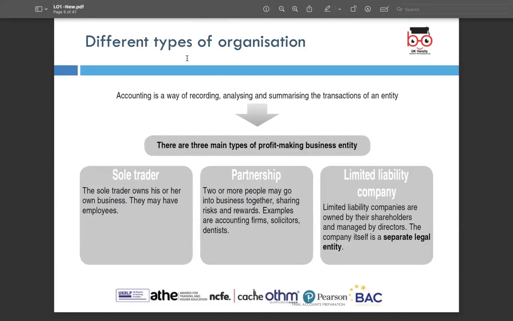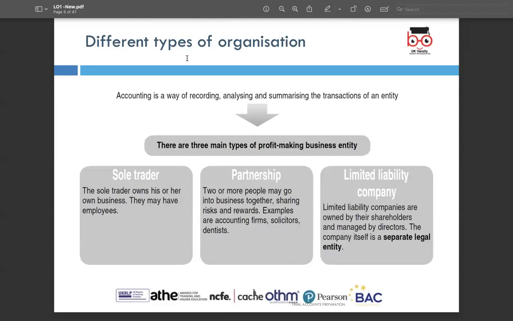Types of profit making entities. There are three main types of profit making business entities: sole traders, partnership, and limited liability company. Sole traders operate a business independently, owning all assets and liabilities personally.